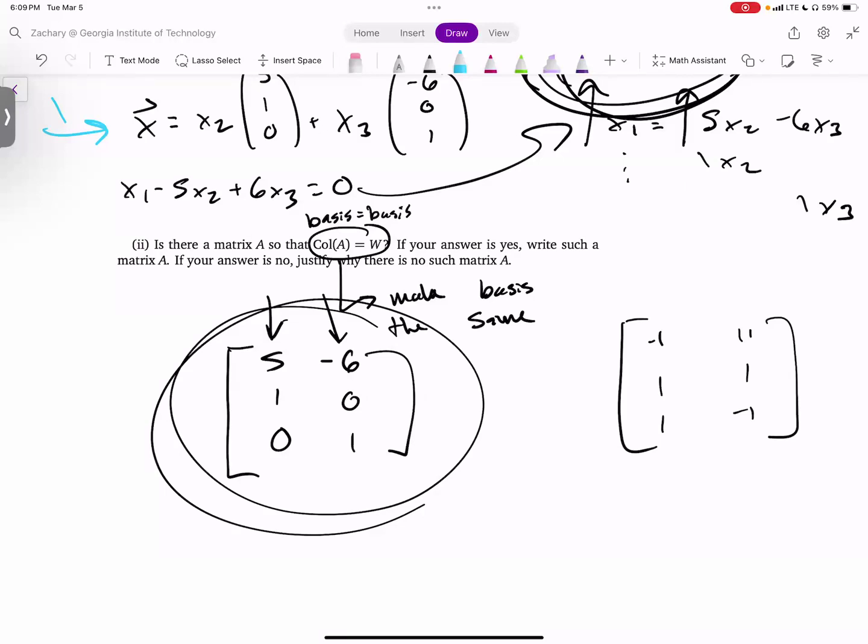Is there ever a scenario where it says if your answer is not justified, where there's no such matrix A? Does that exist? Let me think for a second. As long as W is a subspace, you can rewrite it as any other kind of subspace.